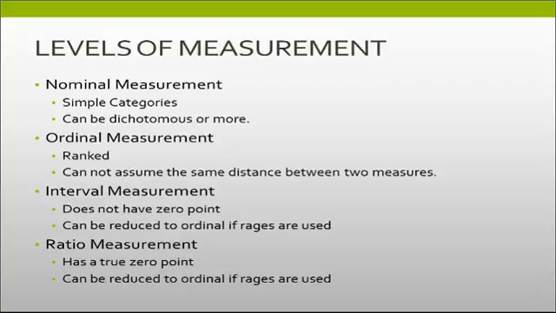For example, the choices they can choose from are not at all satisfied, somewhat satisfied, moderately satisfied, generally satisfied, and very satisfied. The intervals between the first choice, not at all satisfied, and the last choice, very satisfied, have no mathematical significance. Rather, the selection the client made only indicates an order from which the selection was made. So they can be ranked, but we cannot assume the same distance between the two measures.